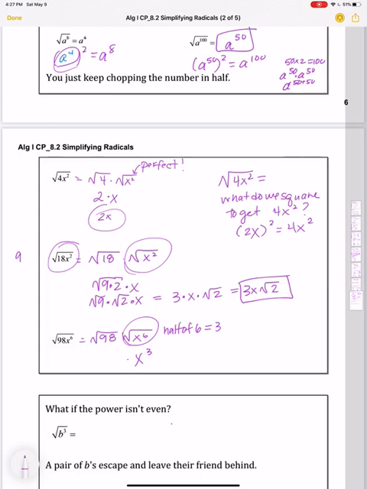What perfect square goes into 98? Let's try 16. Doesn't work. 98 divided by 9. Nope. 98 divided by 36. Nope.